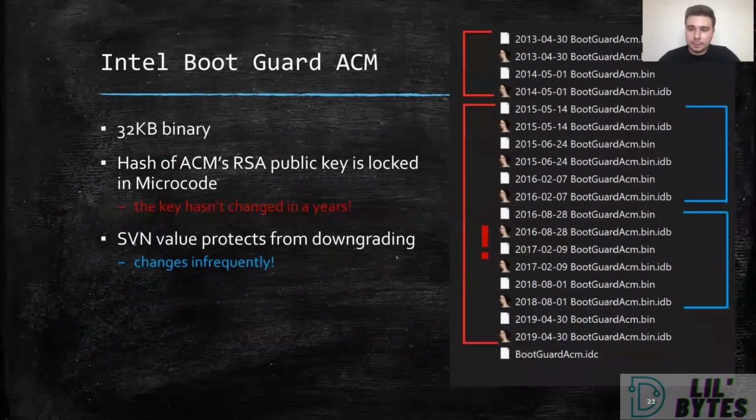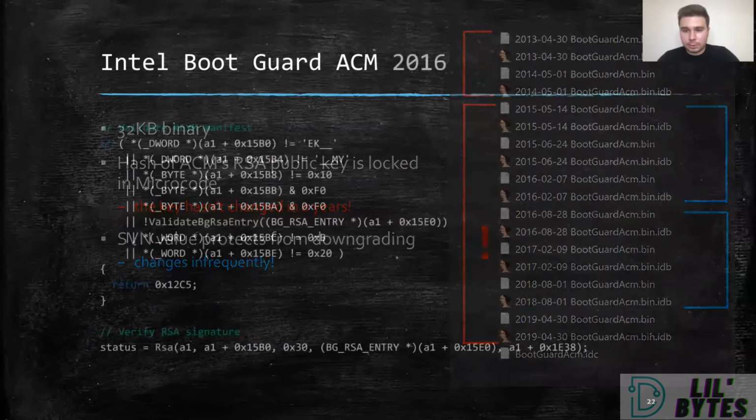And I will say, here's the reality. This number changes very infrequently. A few ACM versions in a row can have security fixes applied without increasing the SVN. Binary diffing helps perfectly to reveal the patches. And here's one I found in versions signed with the same key and having the same security version number.